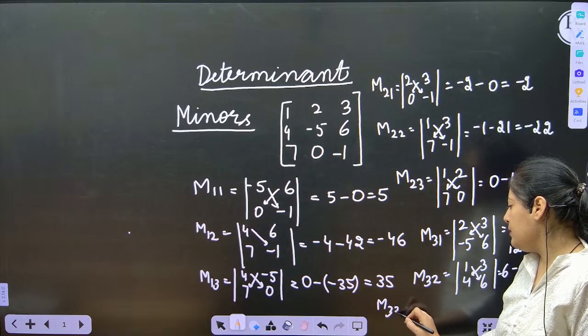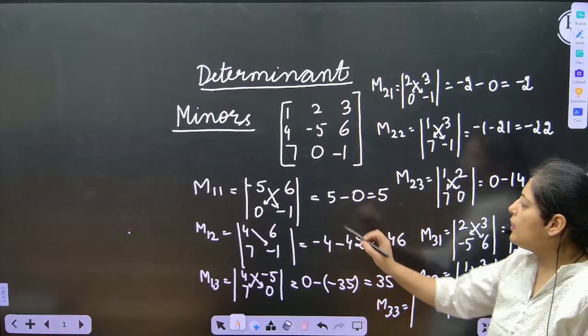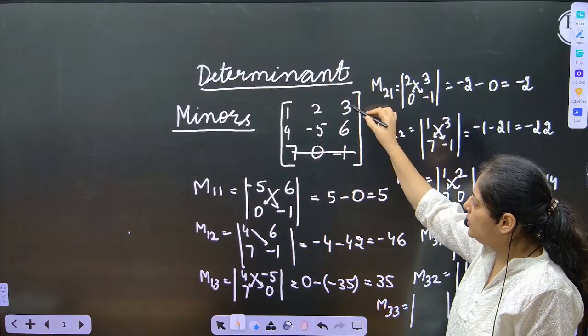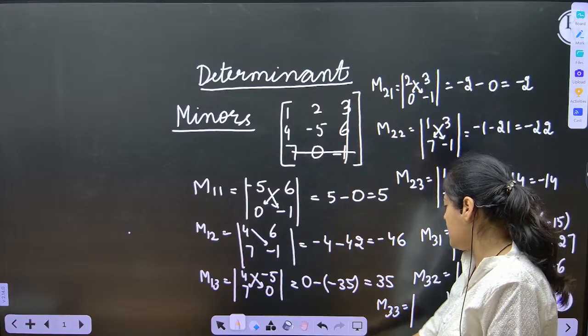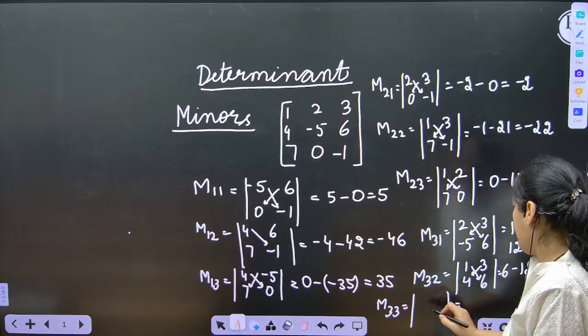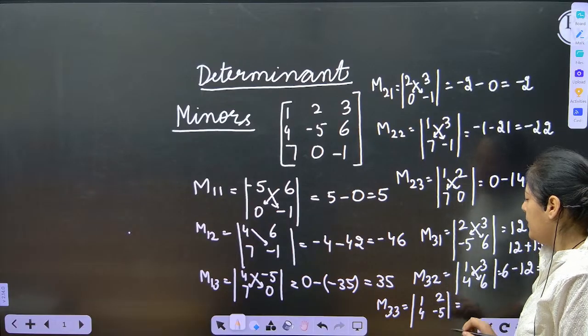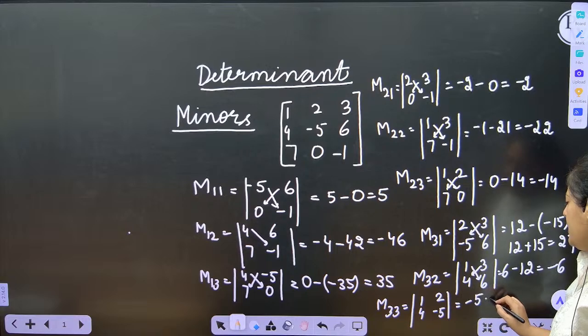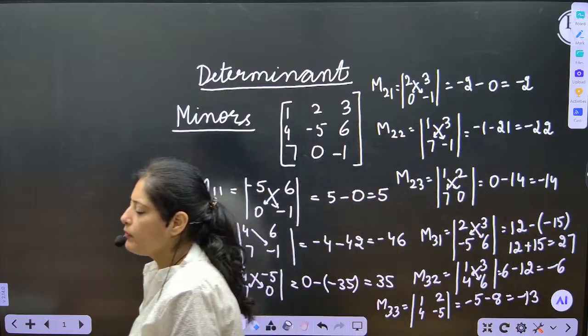M33. Third row, third column. Which 4 numbers are left? 1, 2, 4, minus 5. It will come out to be minus 5, minus 8. It will become minus 30. Note it.